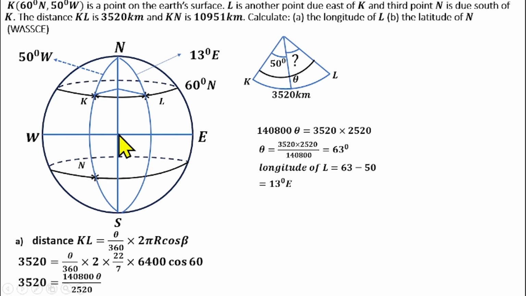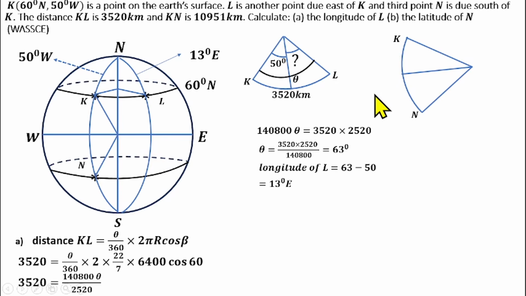So I'm going to draw the radius from the center of the Earth to this point here and to this point here. If I bring out the diagram, I should have something like this: the line at the middle is the origin of the angle, this radius is K, and this line here should be my N.